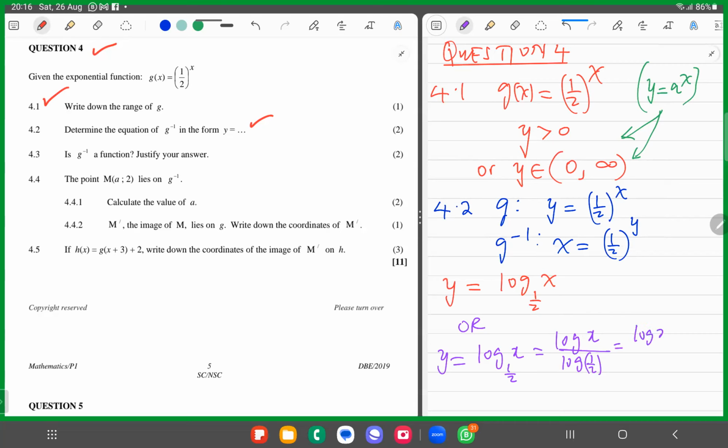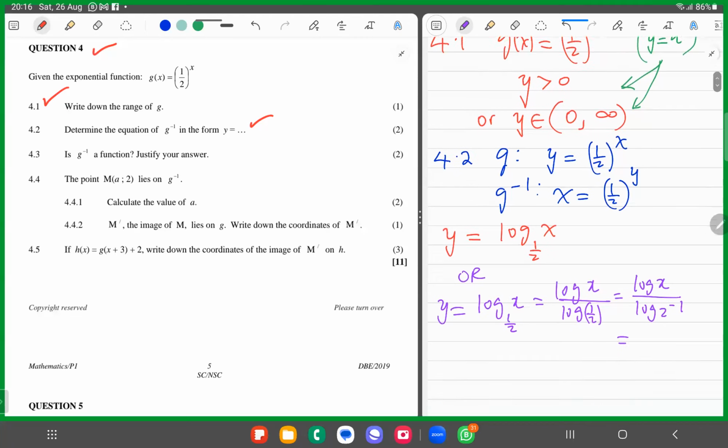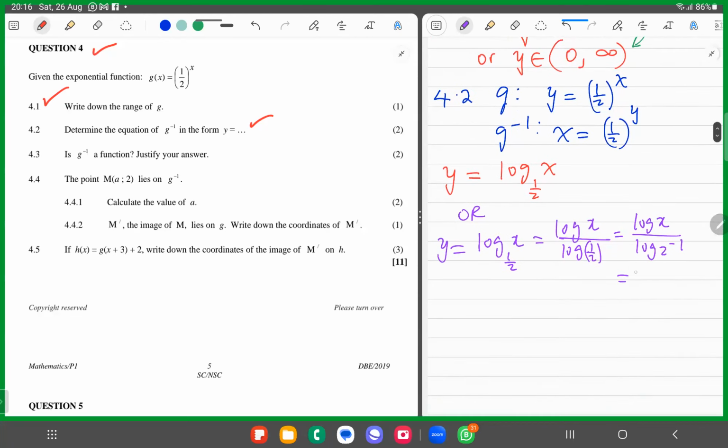We can write 1/2 as 2 to the power minus 1, and bring the power minus 1 in front.